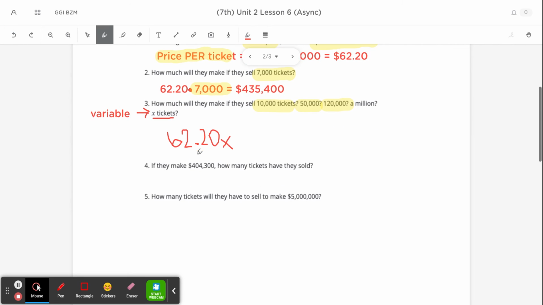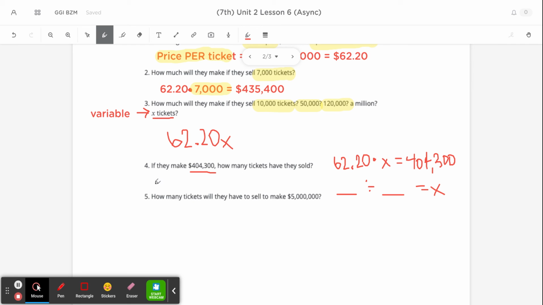Now, if we know that 62.20x, or 62.20 times the number of tickets, makes us $404,300, we can figure out how many tickets they sold because we know that 62.20 times x gets us $404,300, which means I can write a division sentence to tell me what x will be.